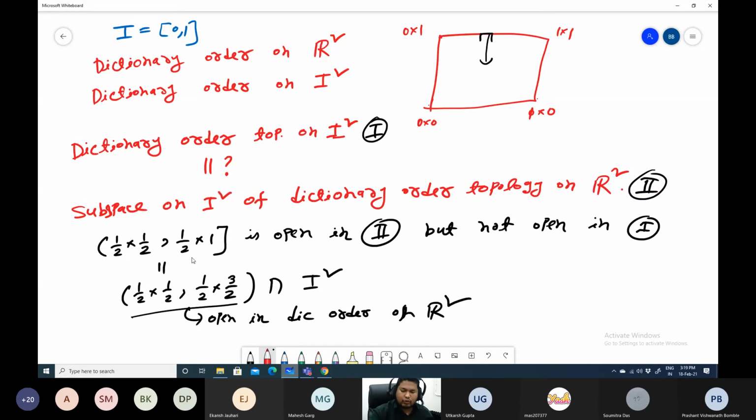But why is this not open in the other one? Why is this set not open in the dictionary order topology on I2? Because of this point. Half cross 1 belongs to this set, right?